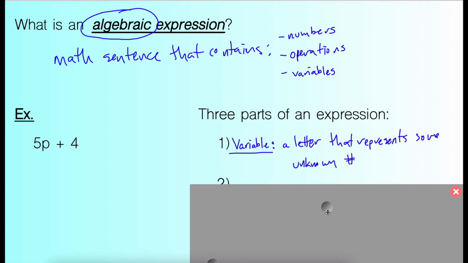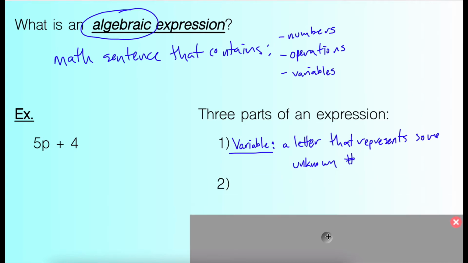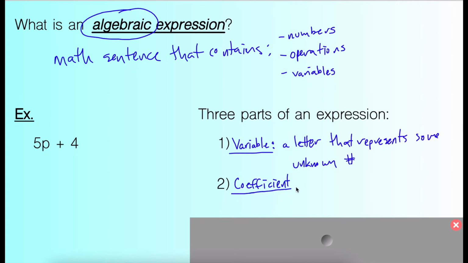All right, the second vocab word that's important to know, plays off of variable, kind of goes with it, and that is the word coefficient. Bit of a weird word, but think of other words that have co-, like coworker, for example, someone that you work with.